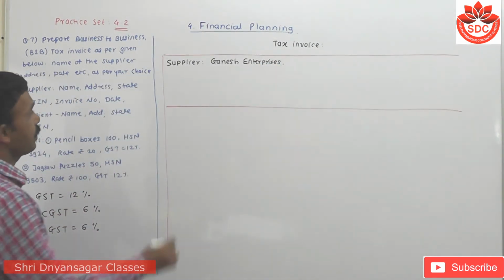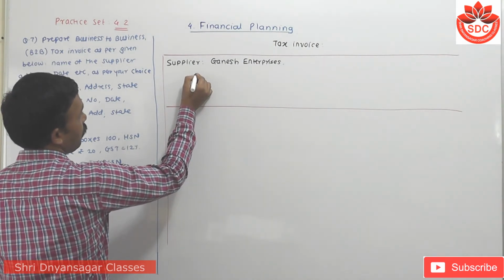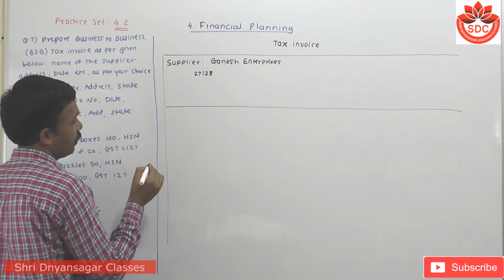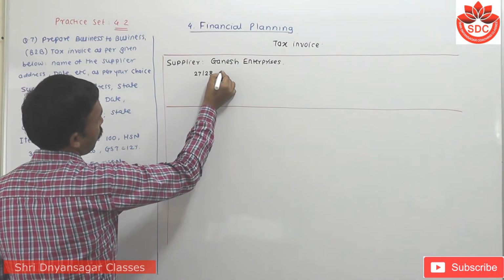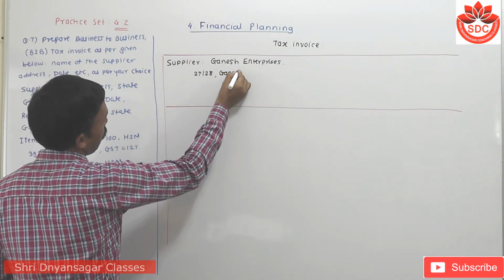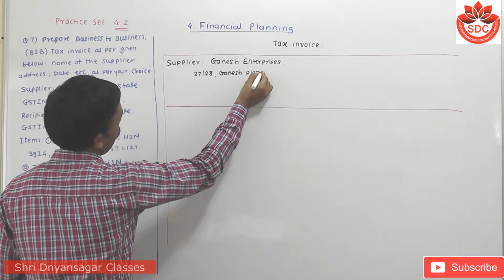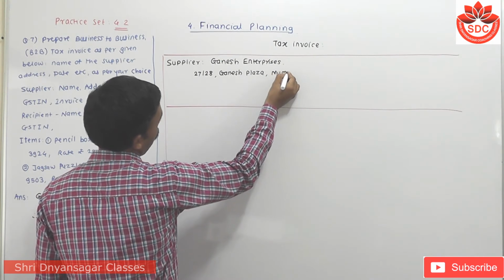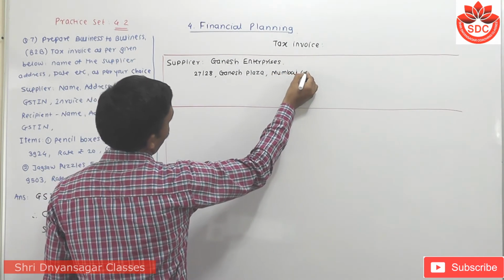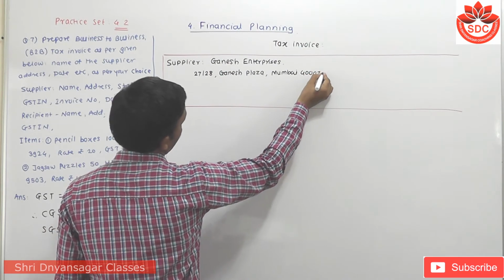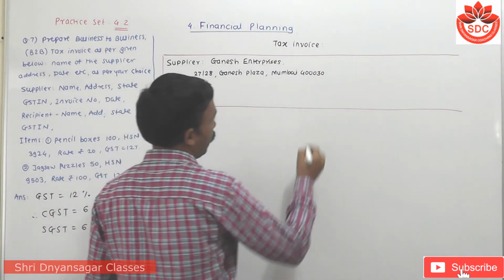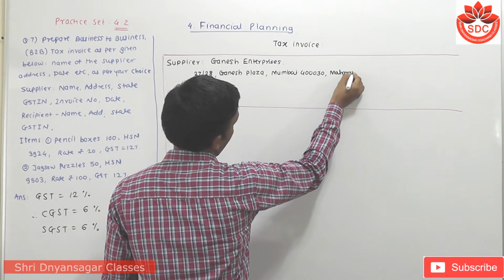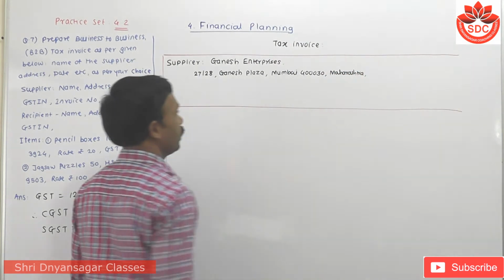Now here is the address, we write here 2728 Lane, suppose here Ganesh Plaza, Mumbai 40030, Mumbai in Maharashtra State.